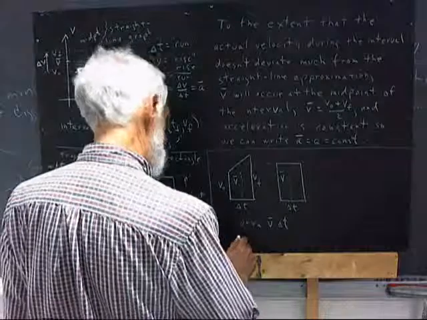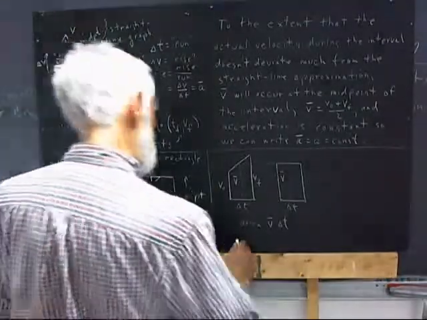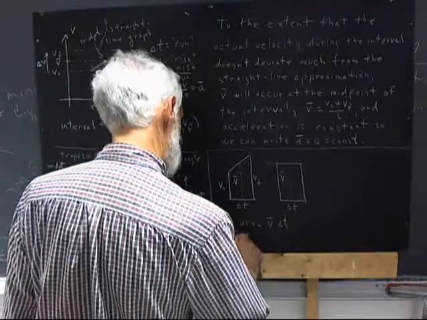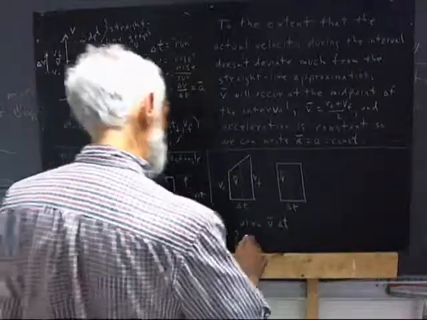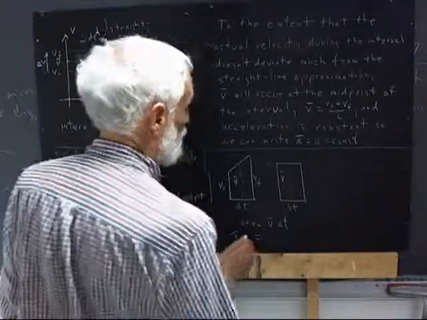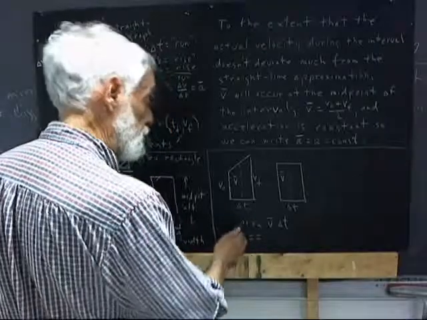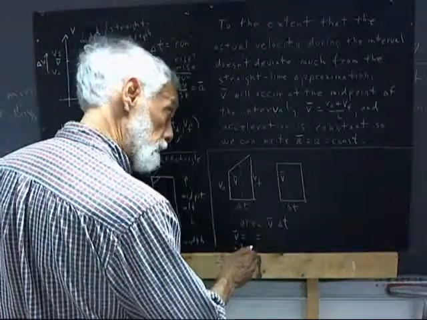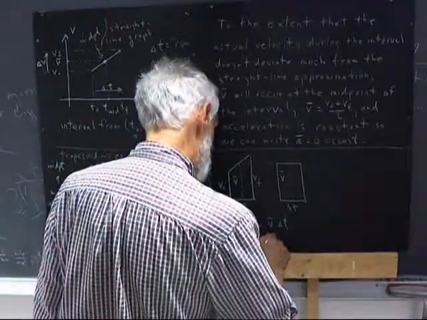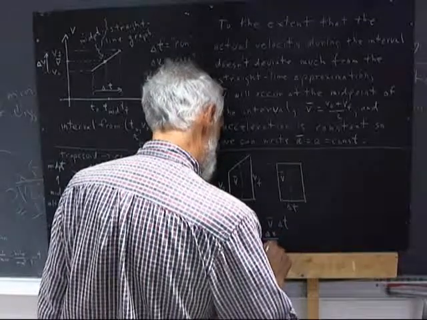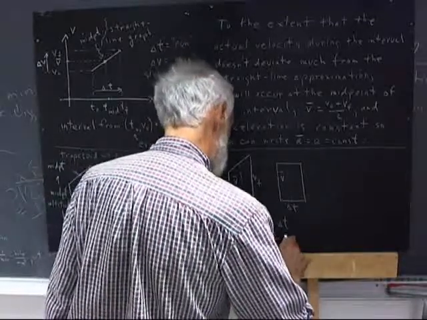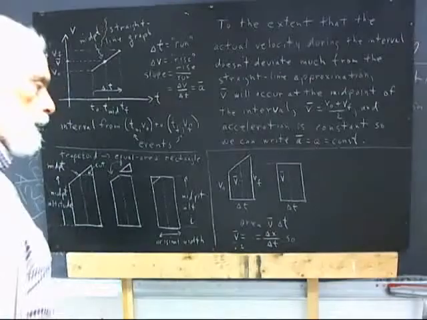So, since V bar equals change in A over change in B and all that stuff, it's the rate of change of position with respect to clock time. And the change in position is delta x, change in clock time is delta t.